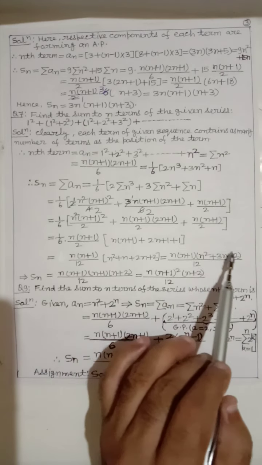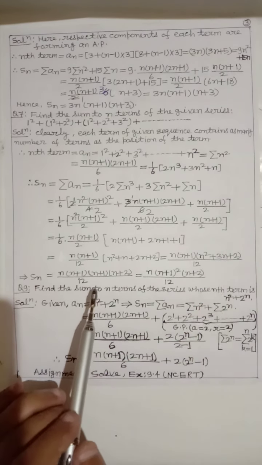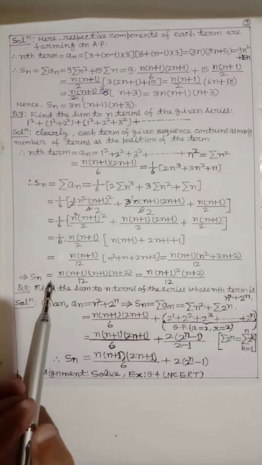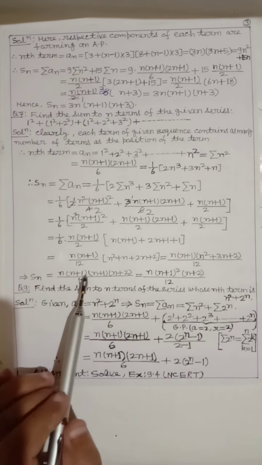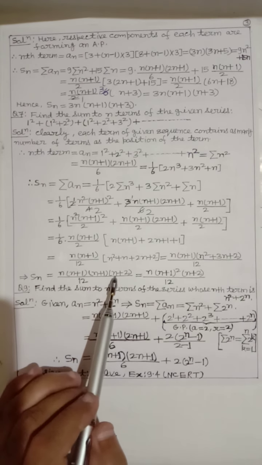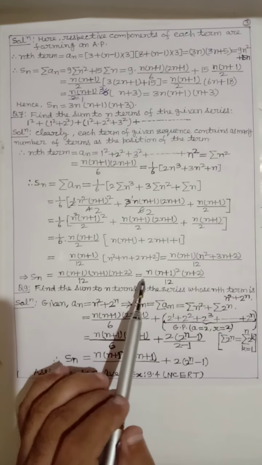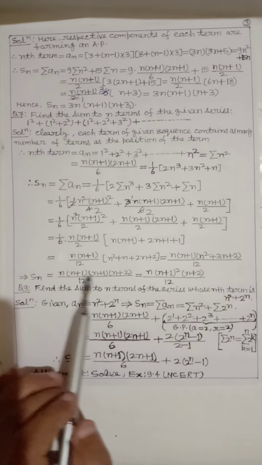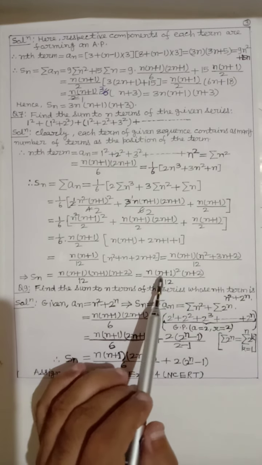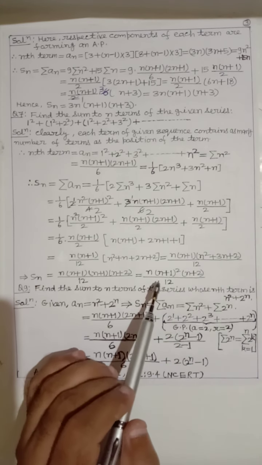And here again we factorize this, we get Sn is equal to n into n plus 1, n plus 1, n plus 2 by 12, and this is equal to n into n plus 1 whole square into n plus 2 by 12.